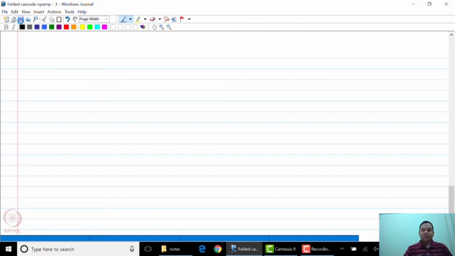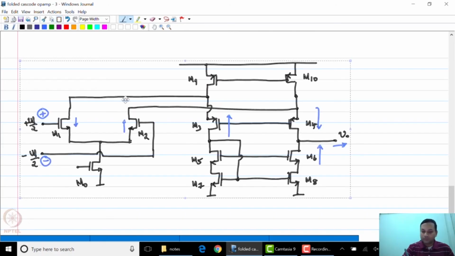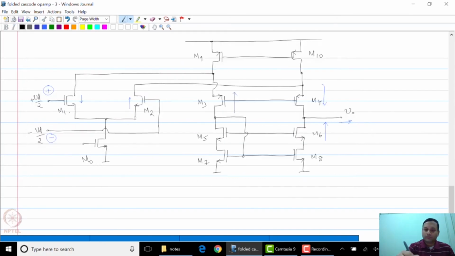So we are now in a position to also look at the input and output common mode ranges of this op-amp. Let us first look at the input common mode range. We will now assume that the input common mode is VCM.